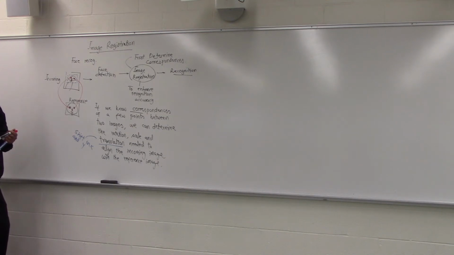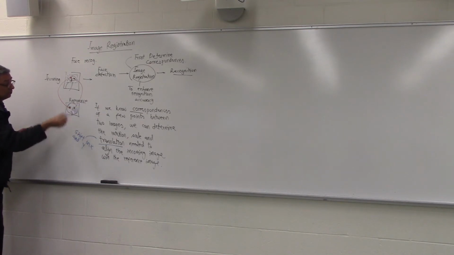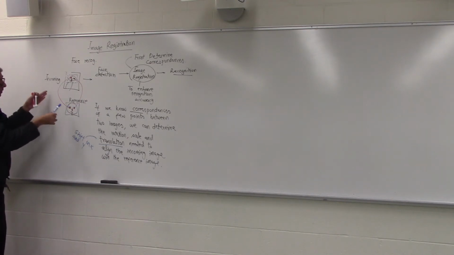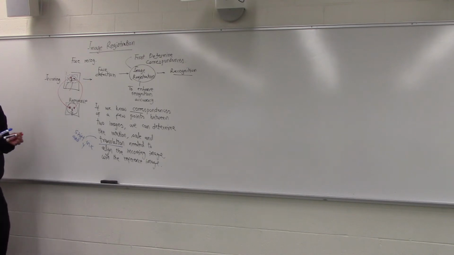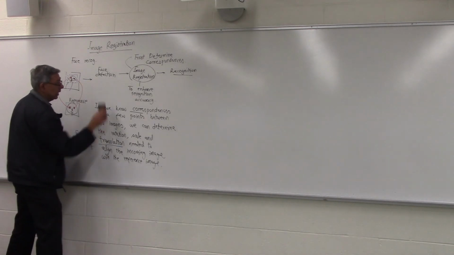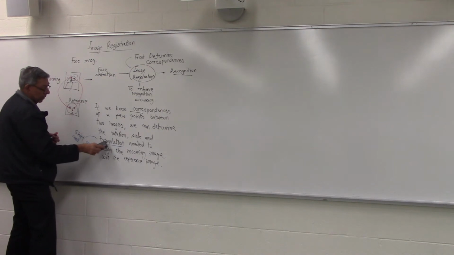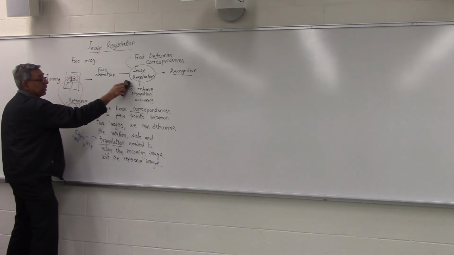Let me go one step at a time. First I'll show you how we rotate, how we scale, how we translate one image, so what's the theory behind it. Then we'll go into developing the registration theory.